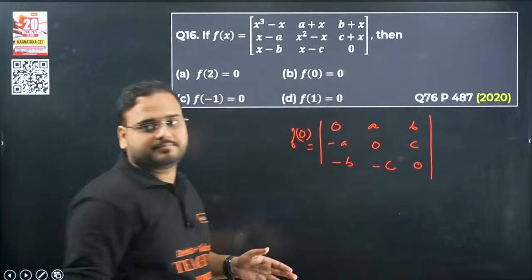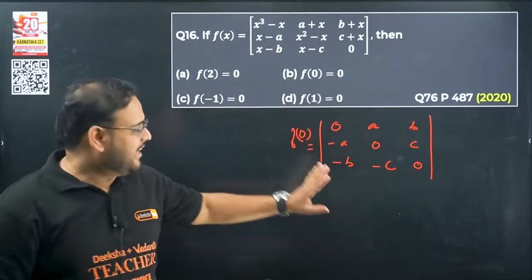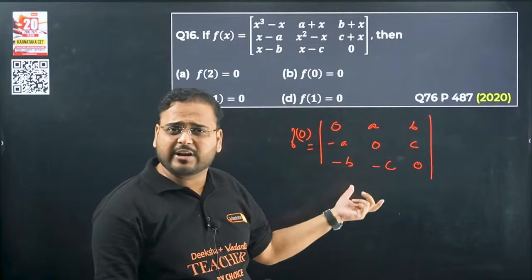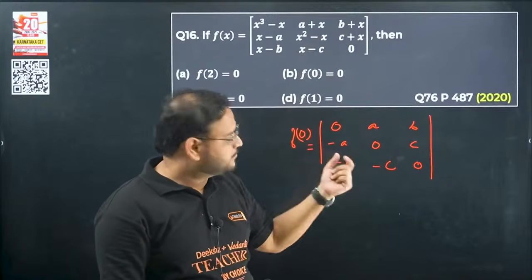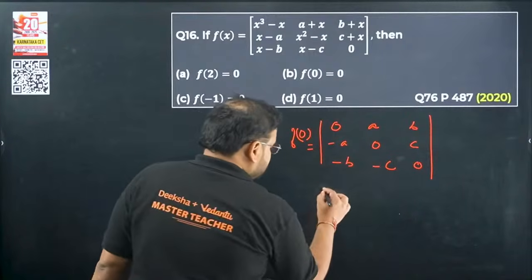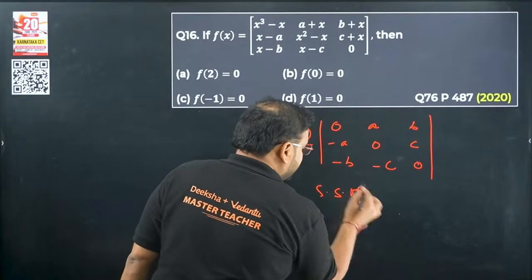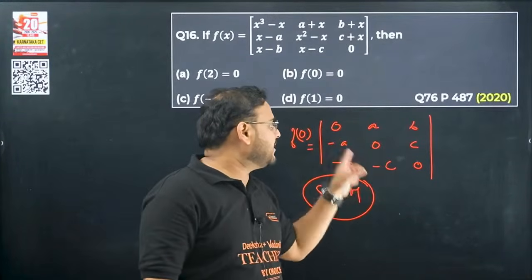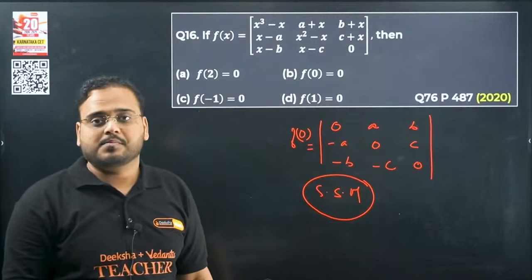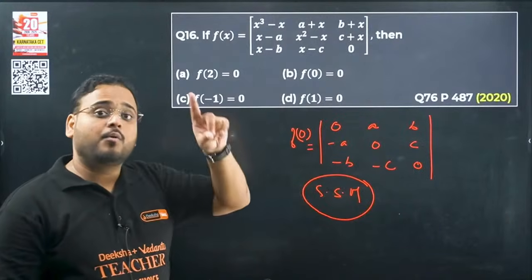Oh my god, this is a 1 second question then. If you get this in 1 second, can you not get that? Just quickly write it, or you can see the pattern over here. What is this? This is a skew symmetric matrix. Check here: A and minus A, B and minus B, C and minus C, and all of the diagonal is 0. Skew symmetric matrix, what's the property?